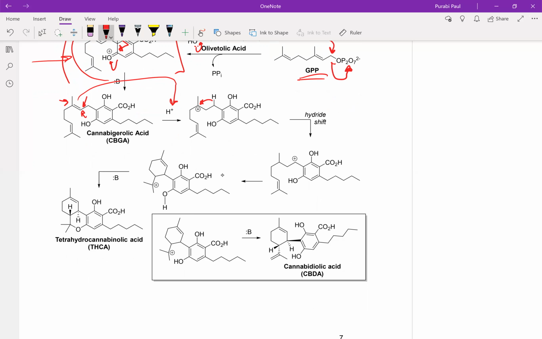And after that, this double bond will go attack that carbocation to cyclize and form the six-membered ring. This may look very familiar to you, right? This looks like menthol.